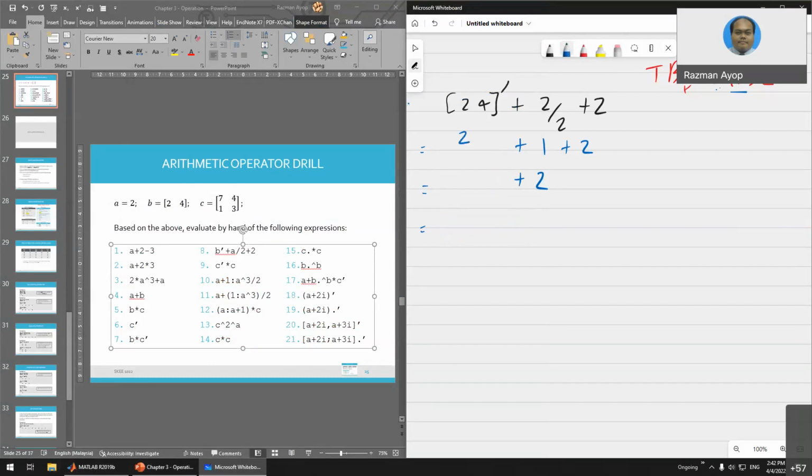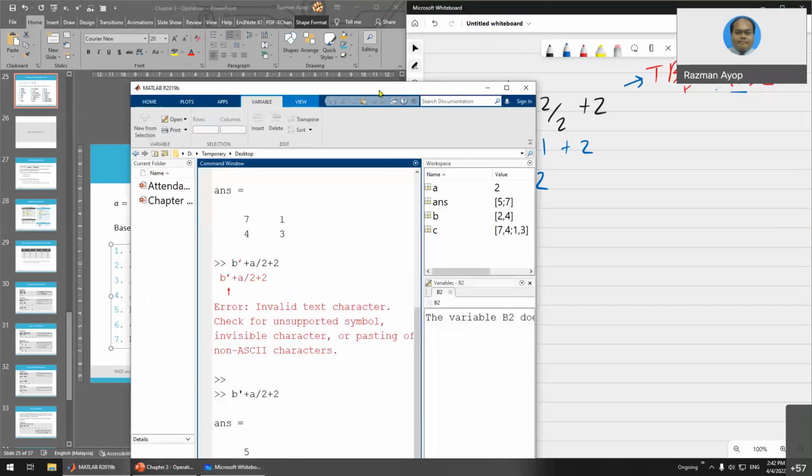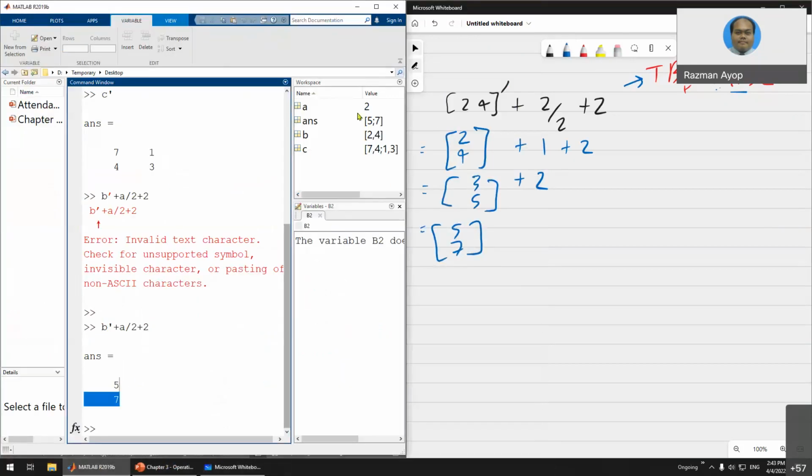It should be 2, 4. You have to do the transpose first. Remember, transpose first. Then for this case, you get 3 and 5, and then 5 and 7. So be careful with the transpose. The transpose symbol is quite small, so sometimes you can miss it.